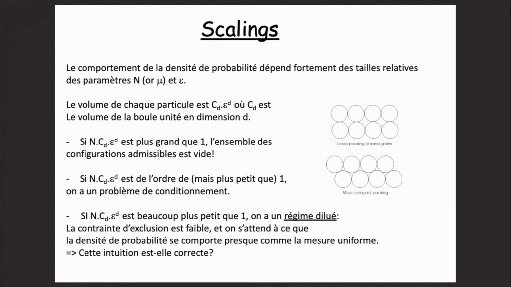So I don't have really a problem of putting all the particles in the volume, but still it could be a different measure. That's what I would like to understand. So in this dilute regime, is it true that the random balls are distributed almost like the random points? That's the question. And we will see that in general, the answer is that it's not really true.